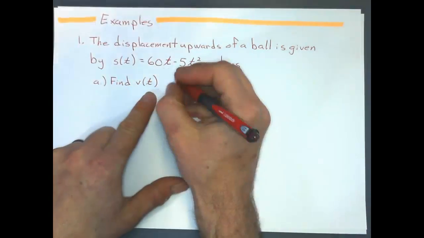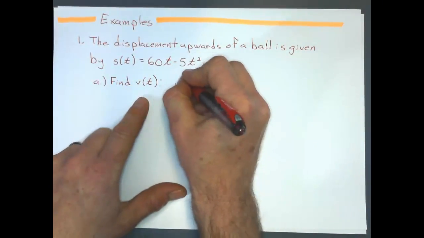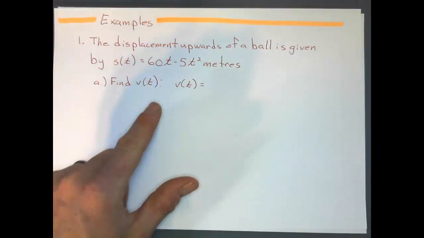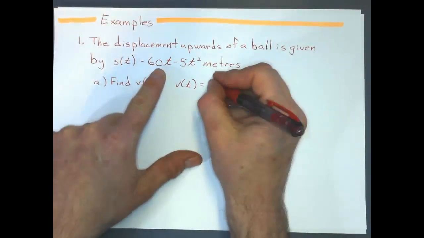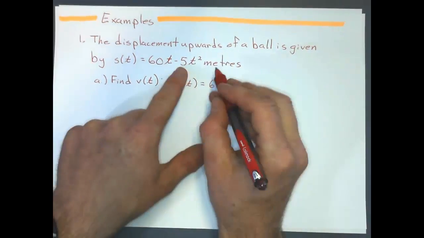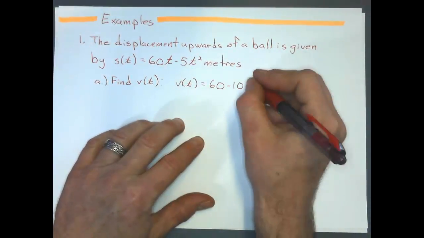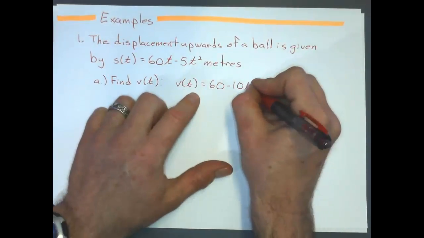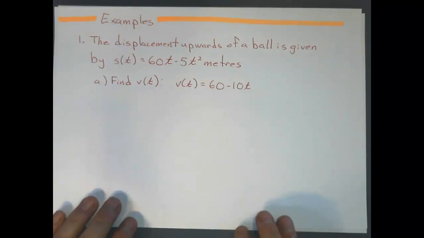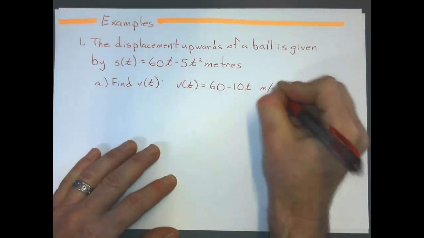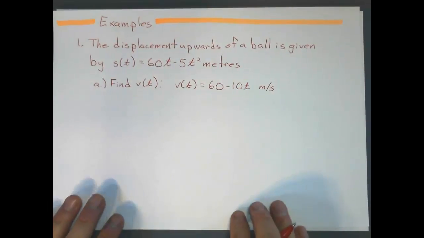I'm differentiating here, so the velocity function is this differentiated. 60t differentiated is 60, minus 5t differentiated is minus 10t. And if I want to put the units there, I can, and I can just say that's in meters per second.